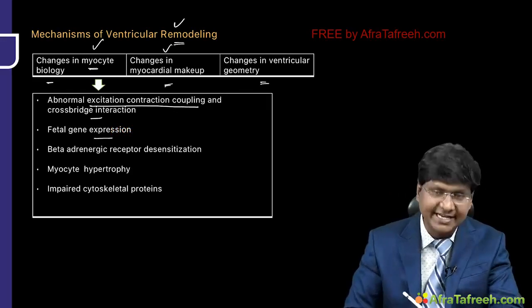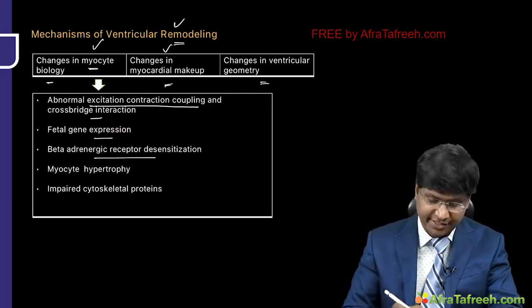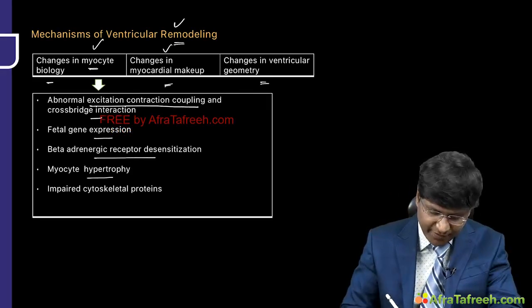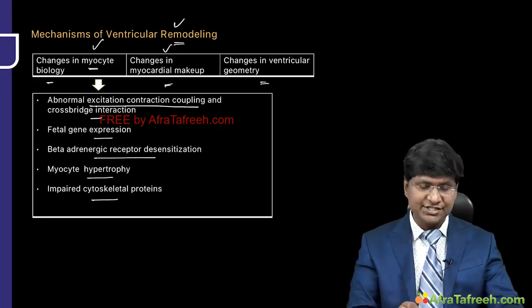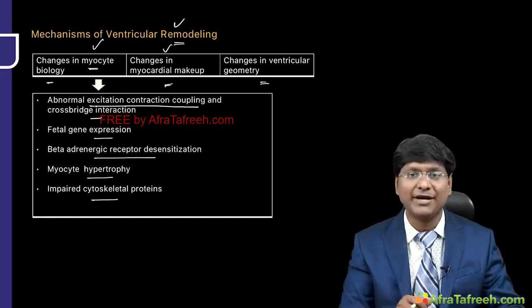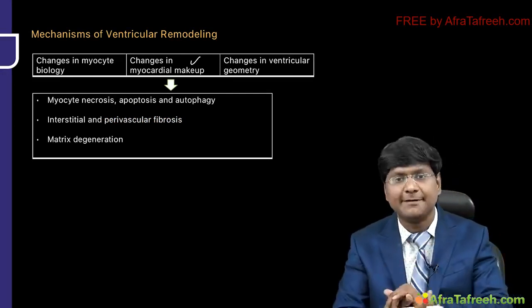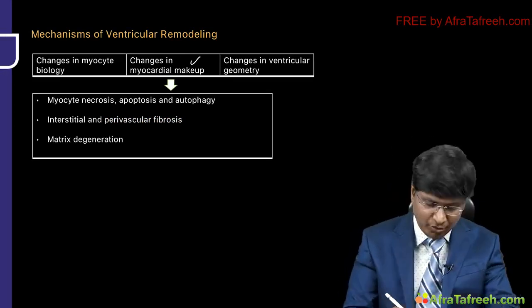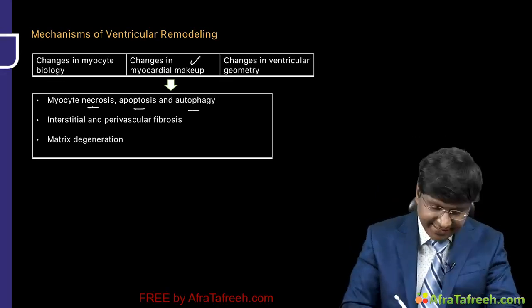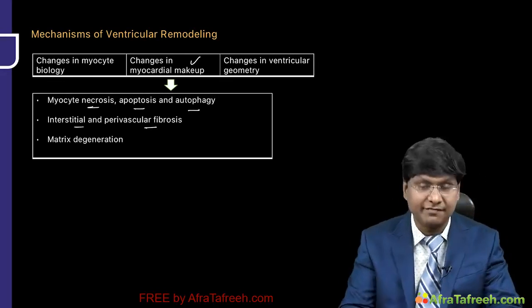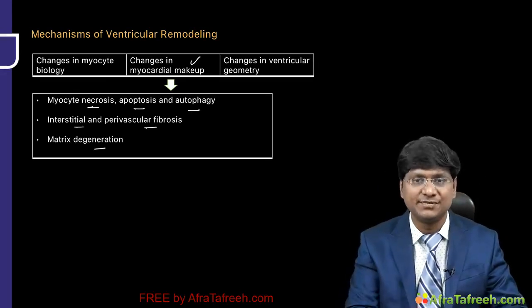Next, fetal gene expression. Number three, beta adrenergic receptor desensitization. Number four, myocyte hypertrophy. Number five, impaired cytoskeletal proteins. So these are the changes in the myocyte biology. Then the changes in myocardial makeup include myocardial necrosis, apoptosis and autophagy, then interstitial and perivascular fibrosis, followed by matrix degeneration.